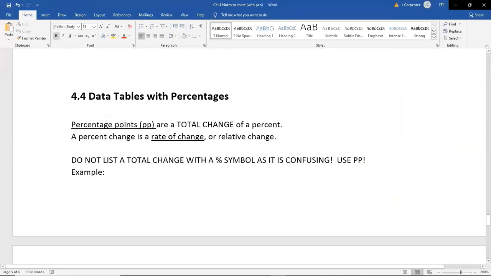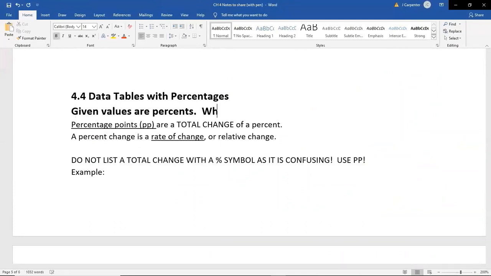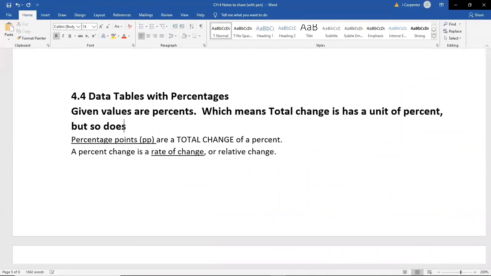So in 4.4, the given values are percents, which means the total change has a unit of percent, but so does percent change. This is confusing.